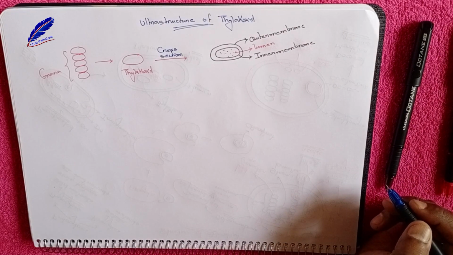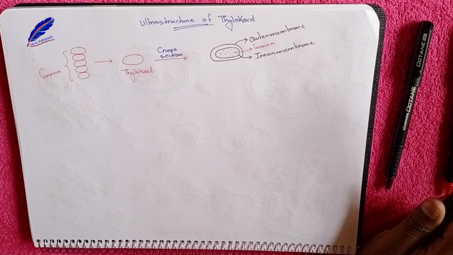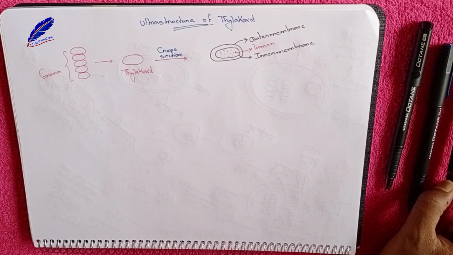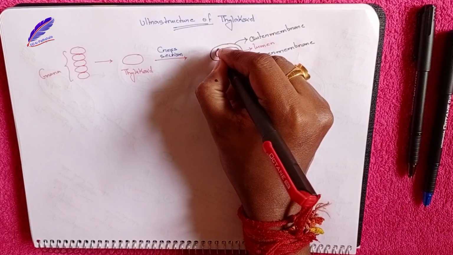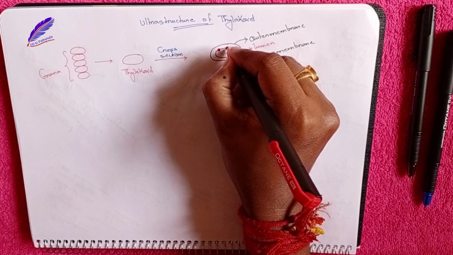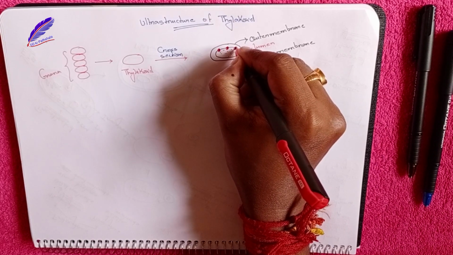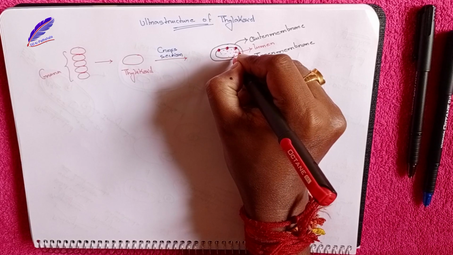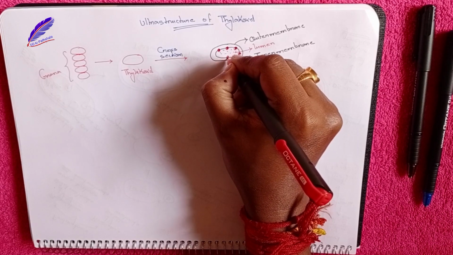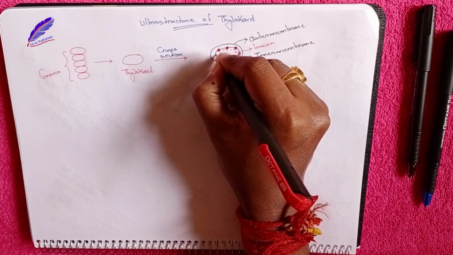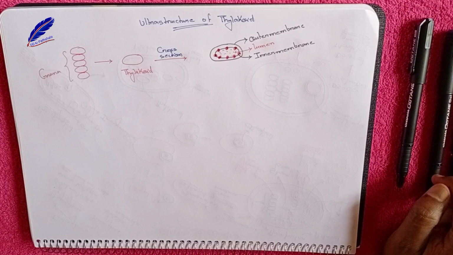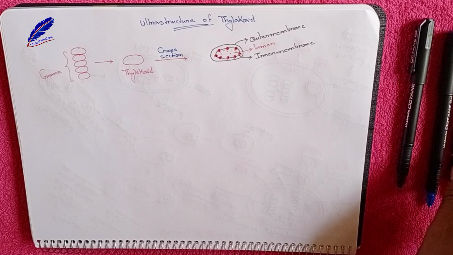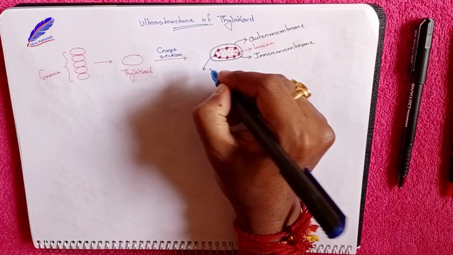Now on close observation of the inner membrane, if we closely observe the inner membrane, we will observe small ball-shaped structures present throughout the inner membrane of the thylakoid. These ball-shaped structures are called quantasomes.